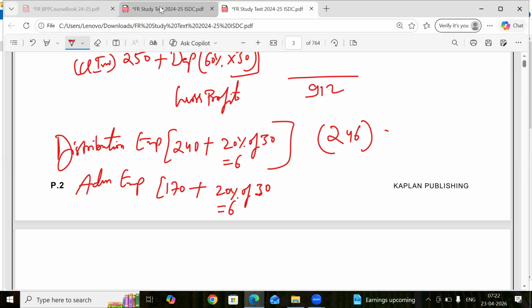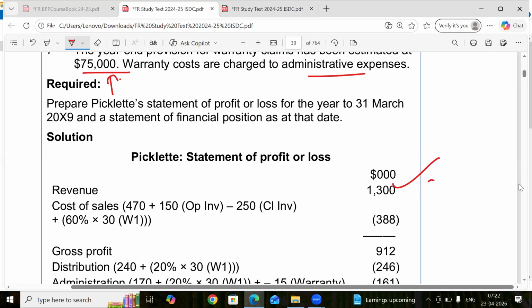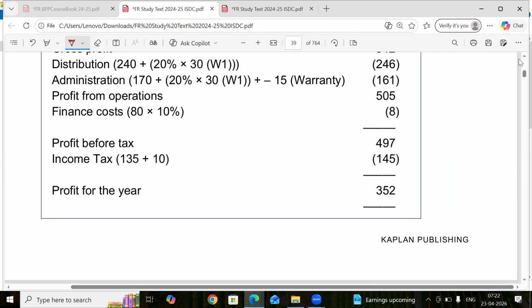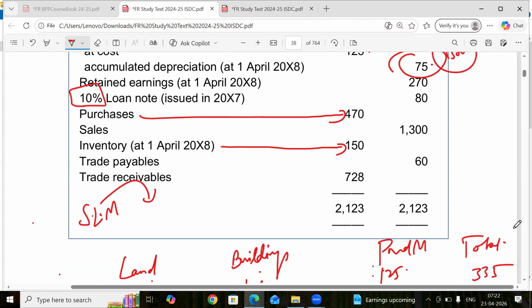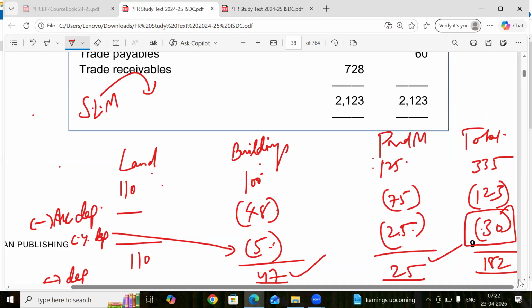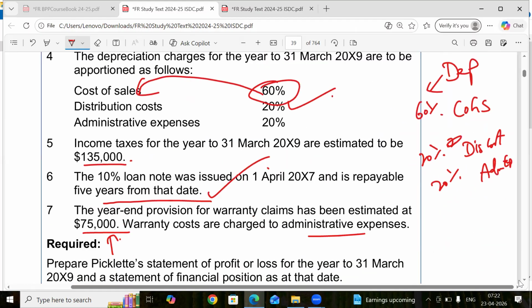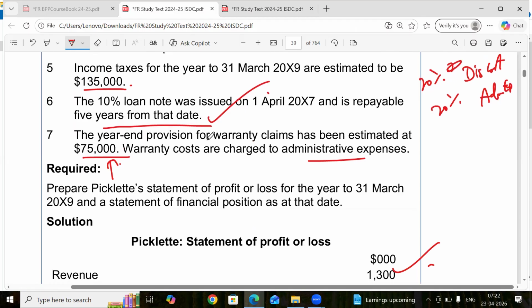And one more adjustment they gave related to this about the warranty. The year-end provision for warranty has been estimated. So they estimated the warranty provision to be 75.